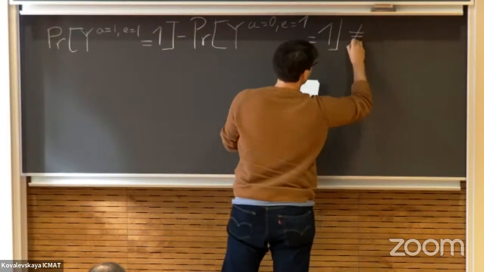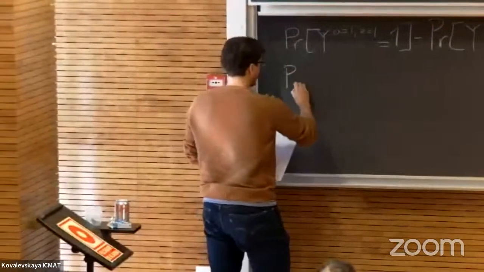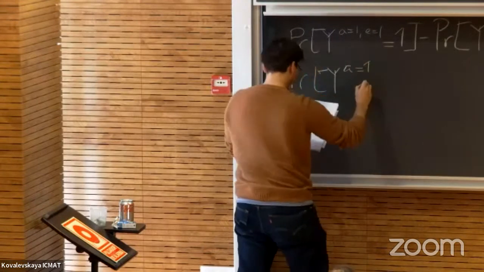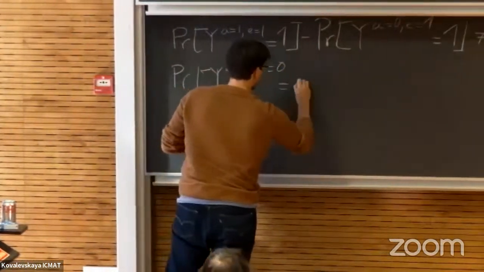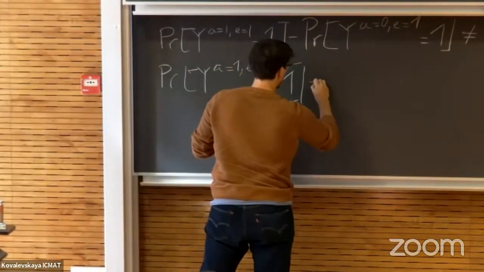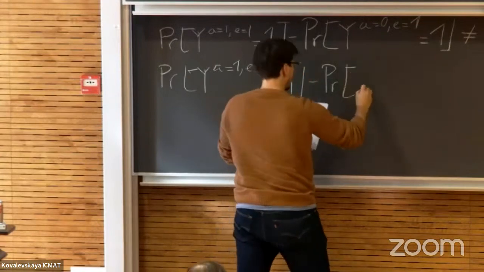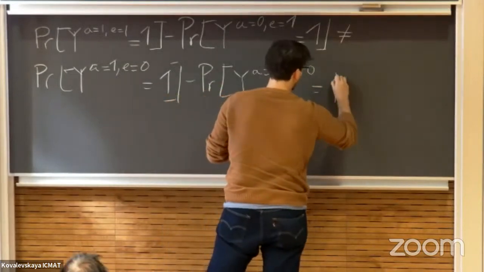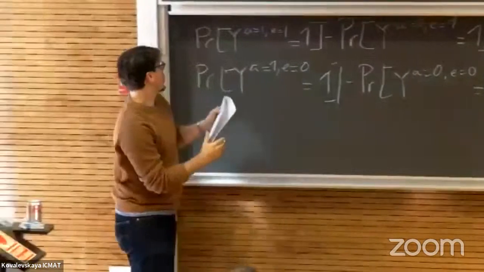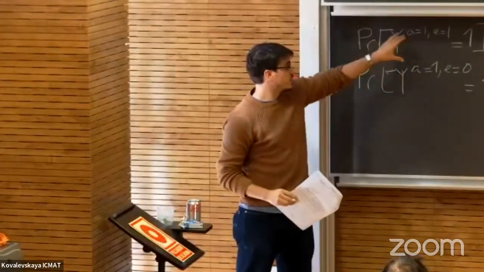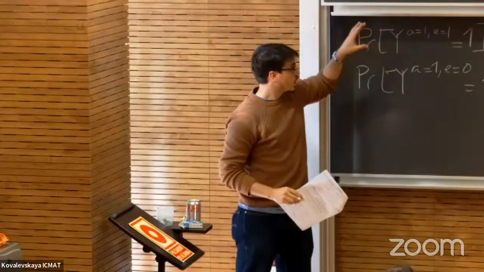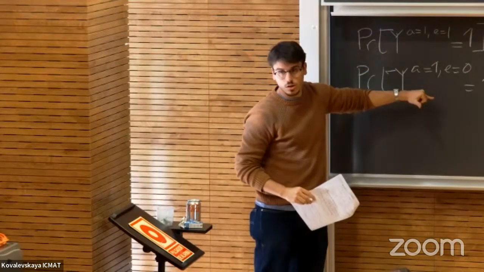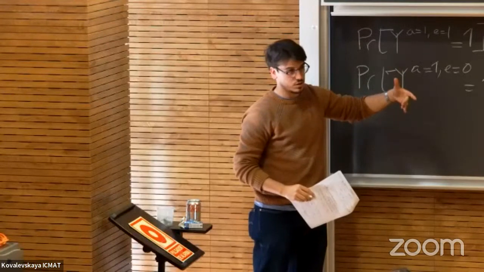So we will say, okay, this is basically saying that when these 2 quantities are not equal, it means that the value of E has an effect on the causal effect. So there is an interaction.